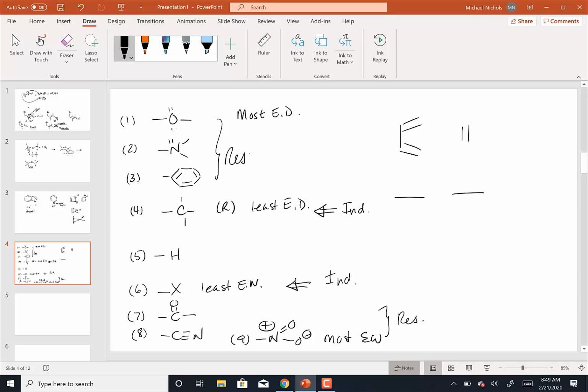I want to do a Diels-Alder in the highest yield, fastest Diels-Alder reaction that I can. So which group goes where? What group goes on the diene and what kind of group goes on the alkene?